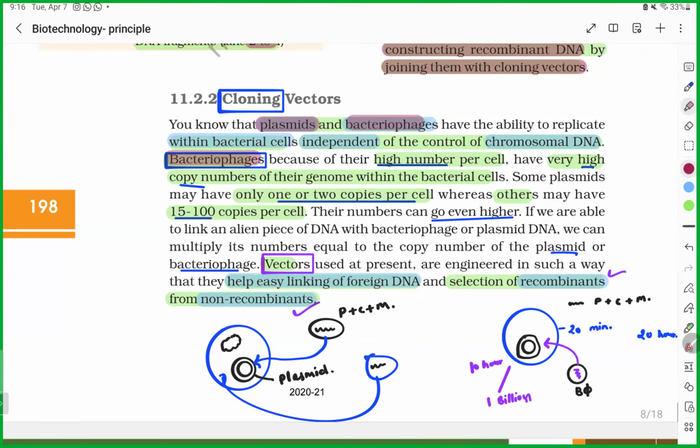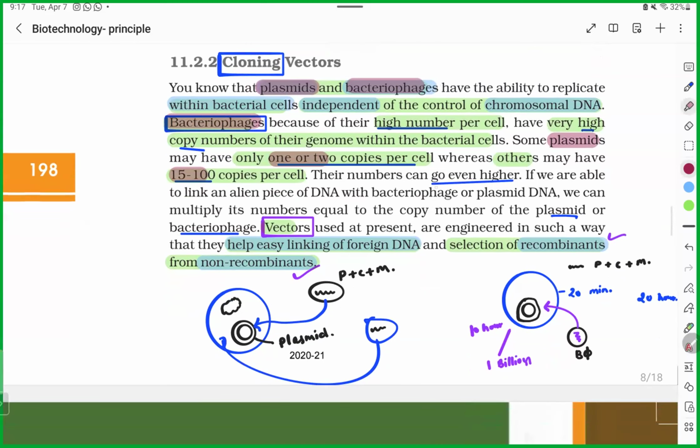High copy number. Plasmid can have two copies, or sometimes maybe 50 to 100 copies. So the speed of multiplication of bacteriophage is way higher than plasmid, or it can go even higher, more than 100 also.